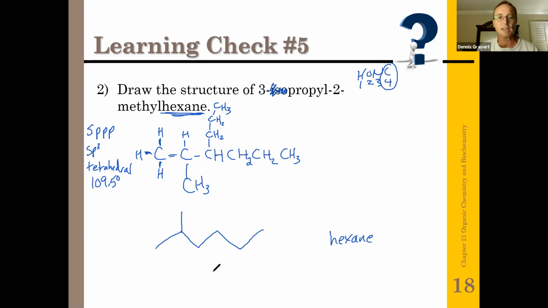And then off of 3, there's a propyl branch, 1, 2, 3 carbons, and then link it to the parent. And that way you still have 1, 2, 3 carbons on the branch. There you go, skeletal drawing, structural drawing here, full structural drawing.